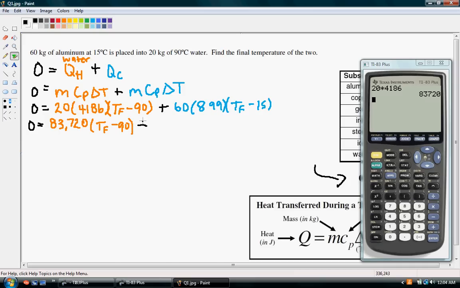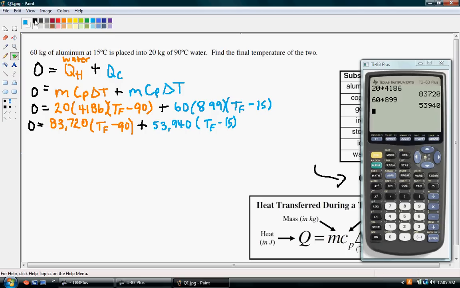And this is also added to. We're going to simplify this by taking 60 and multiplying it by 899. And we get 53,940. And that is still times the final temperature minus the initial temperature of 15.